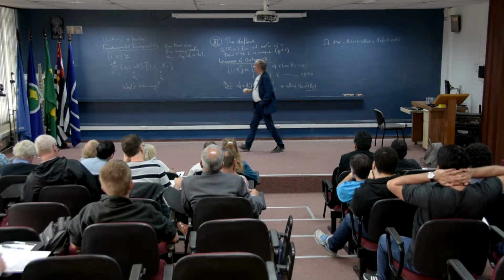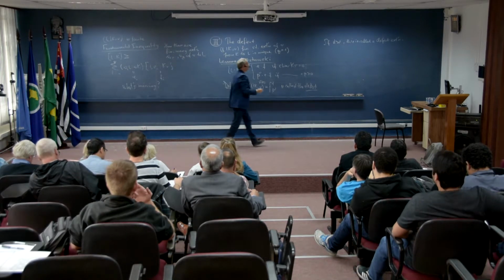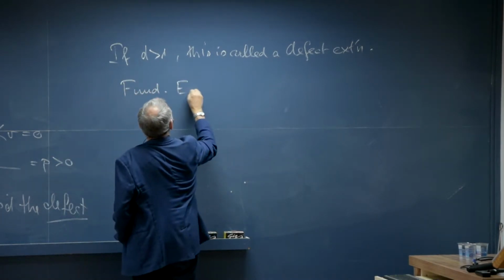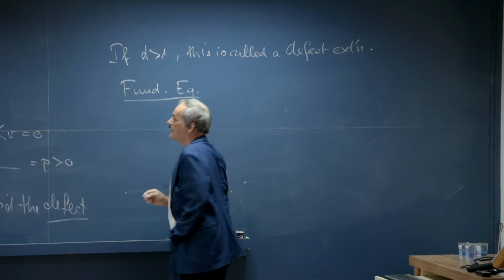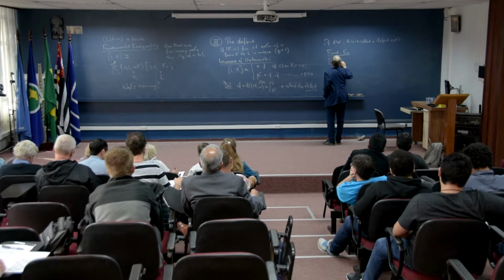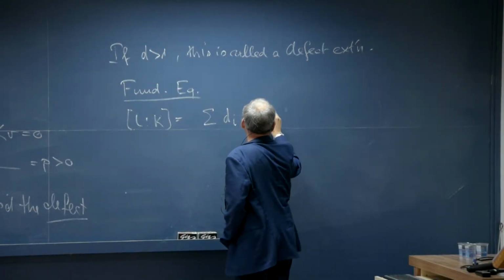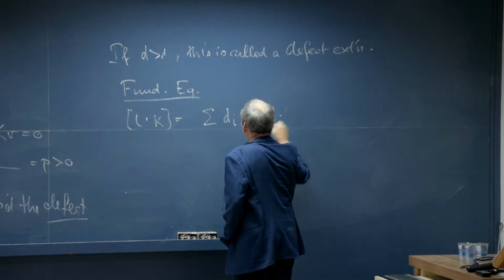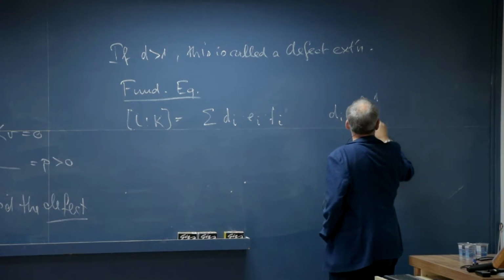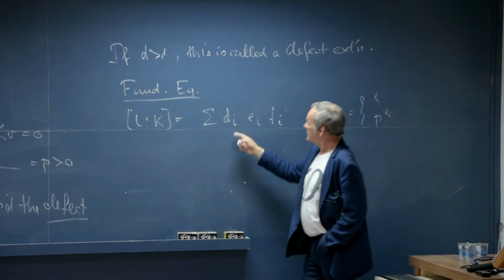Now for the next step we have to go back to our fundamental inequality and make it a fundamental equality. What's missing? We have a sum of di times ei times fi, where the di's are 1 or p to the nu i, always the same p, but they can vary.